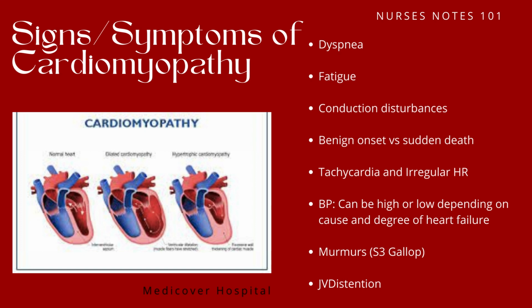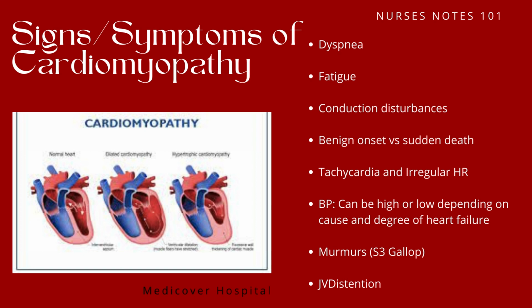Signs and symptoms of cardiomyopathies across the board are pretty similar. A lot of times they do look similar to heart failure. So, jugular vein distension, dyspnea, fatigue. There can be conduction disturbances due to the thickening of ventricular walls, thickening of the muscle itself, or the stiffness of the walls.